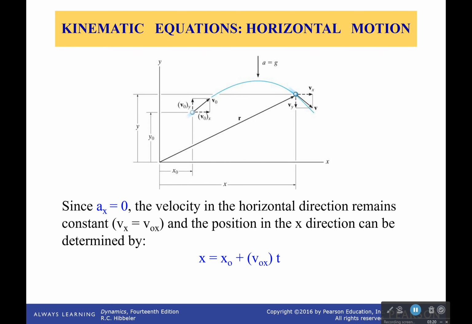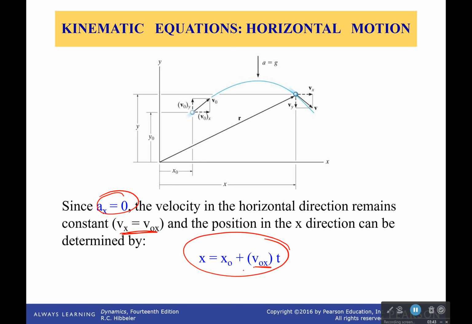Okay. So what are our kinematic equations for horizontal motion? Well, since the acceleration is zero, this means that the velocity is going to be constant. Whatever our initial velocity is in the x direction, it's going to be what our final velocity is in the x direction. And we can very easily figure out where its x position is by using this equation right here. We know what the initial velocity is.